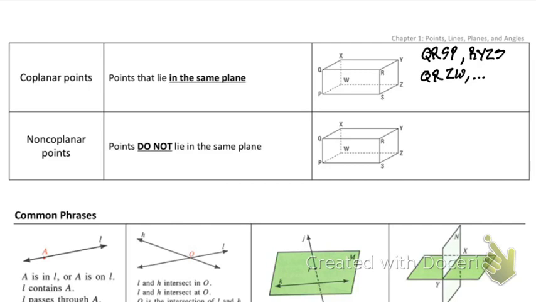Obviously, that can't be on the same plane. So my example for this one would be Q, R, Y, Z. Let's highlight those points. So Q, R, Y, Z. Now let's focus on Q, R, Y. Q, R, Y are in fact coplanar.